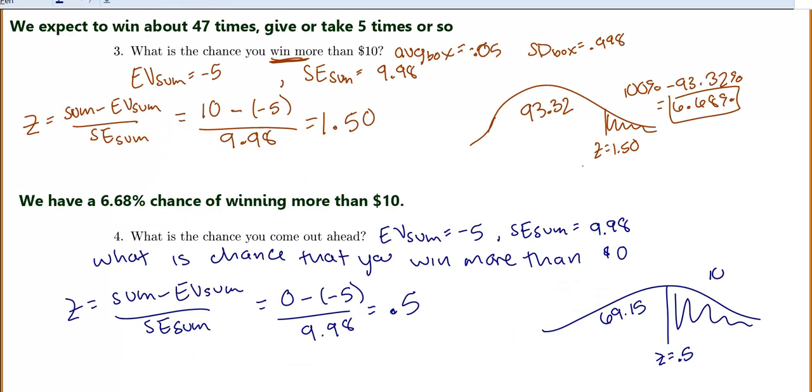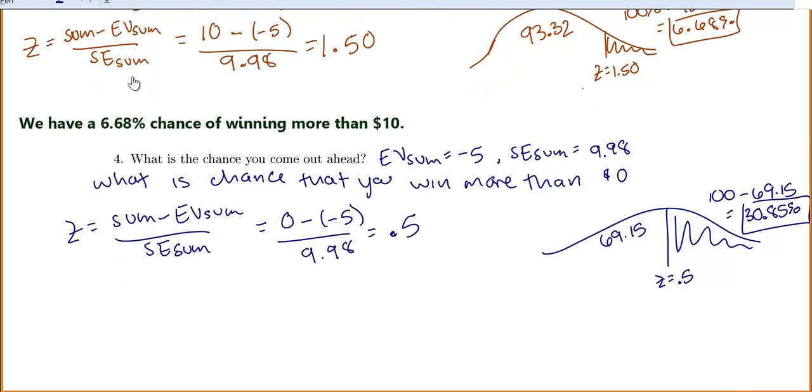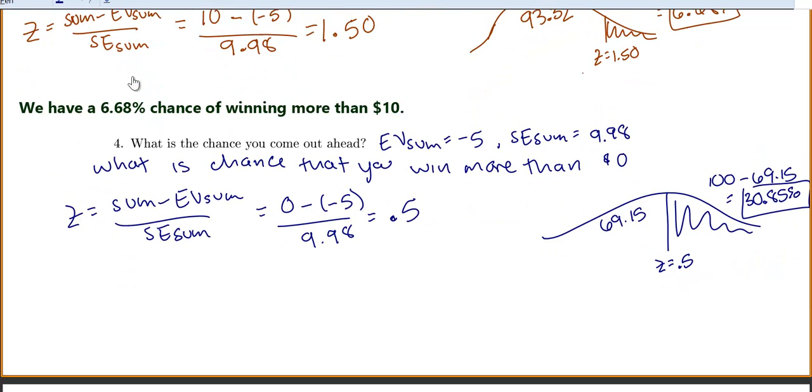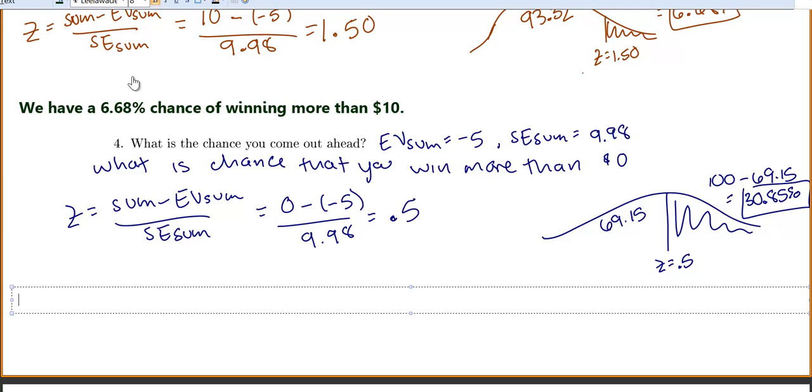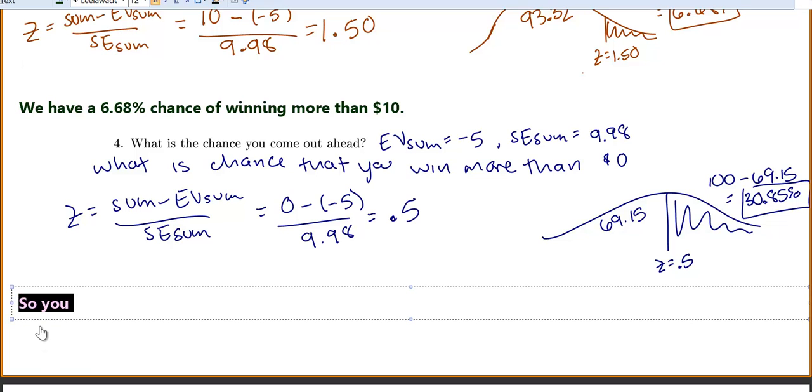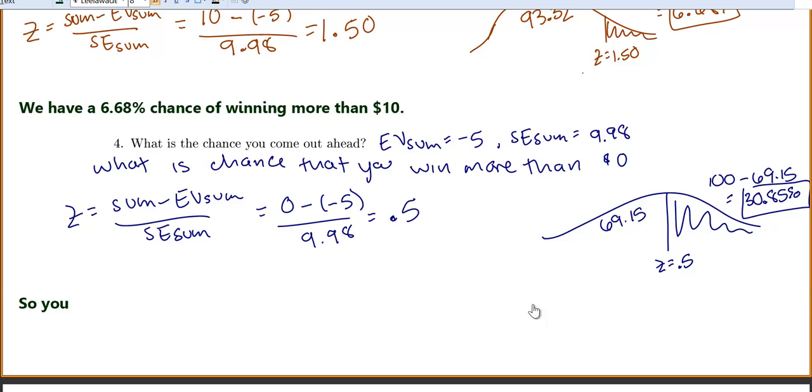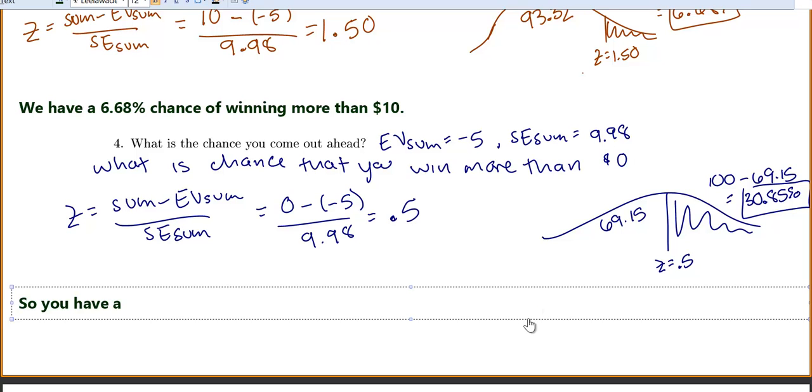So we can use symmetry, so 100 minus 69.15 gives me 30.85%. So you have a 30.85% chance of coming out ahead, which isn't too bad. You might be willing to play those odds.